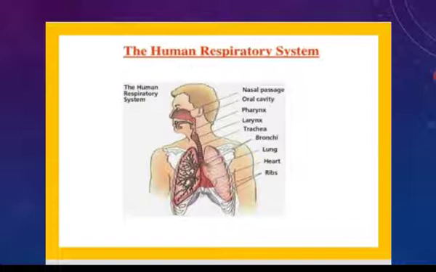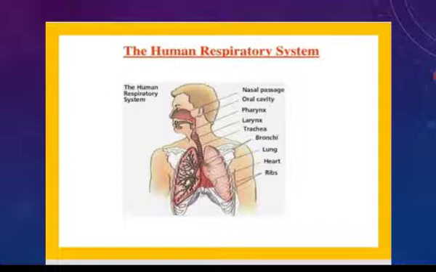This trachea further divides into two parts called bronchi, and each bronchus enters into a lung. When the bronchus enters the lungs, it also divides into many parts called bronchioles.